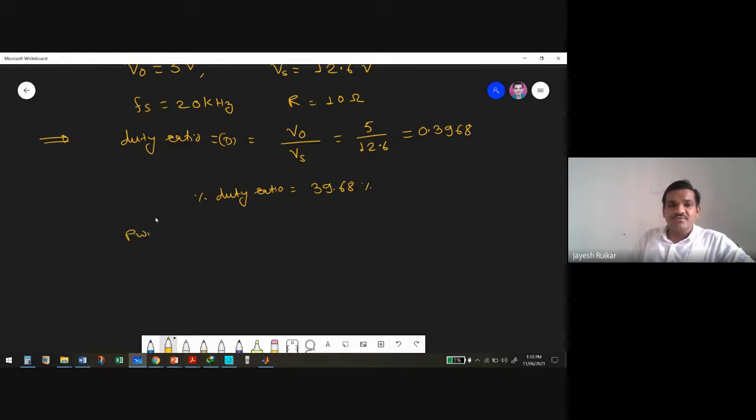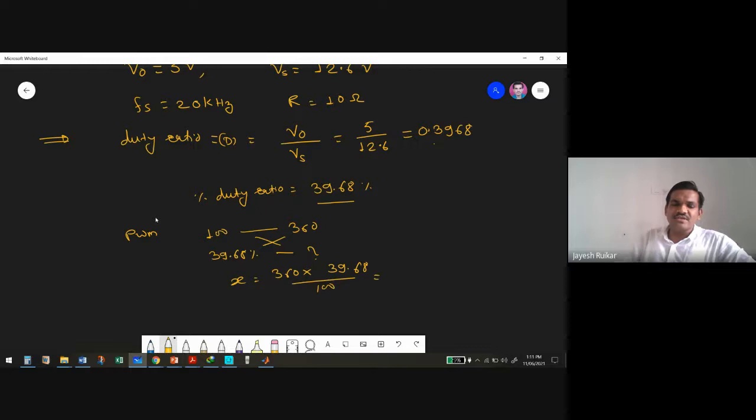We have already done these calculations in MATLAB. For a 100% duty cycle we have 360 degrees, and for the duty ratio of 39.68% we cross multiply: 360 multiplied by 39.68, divided by 100.